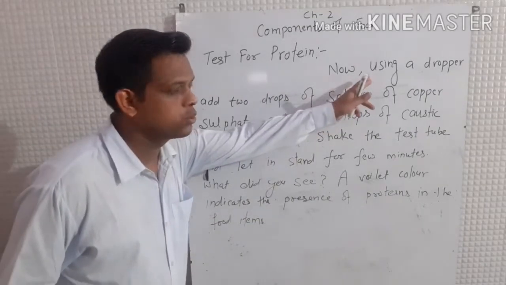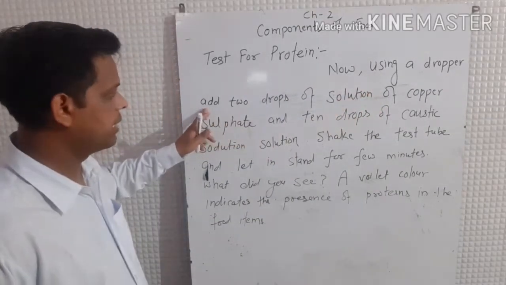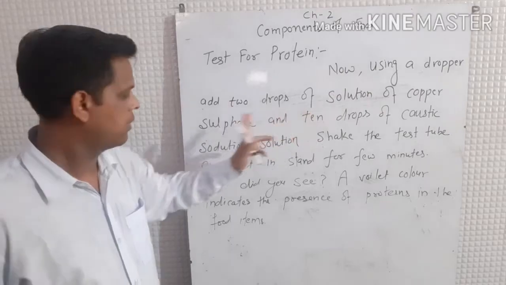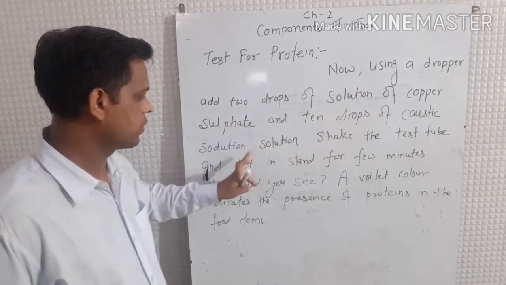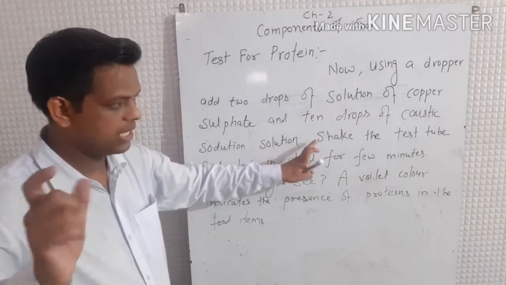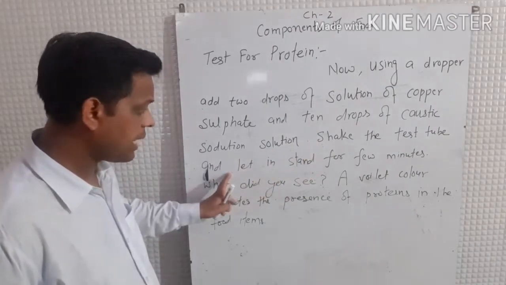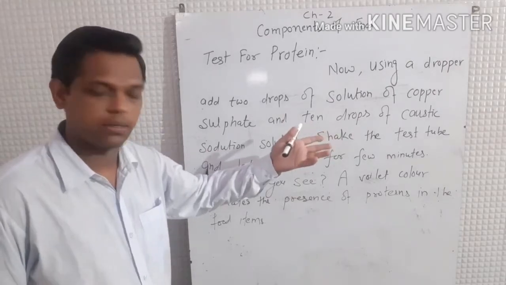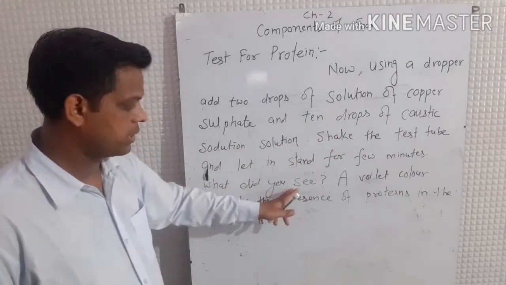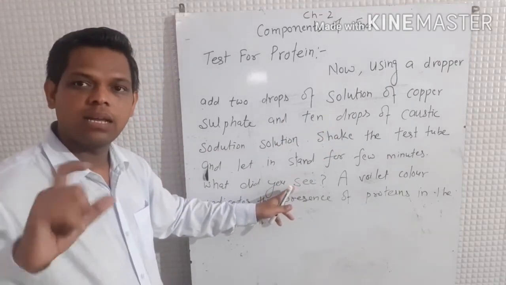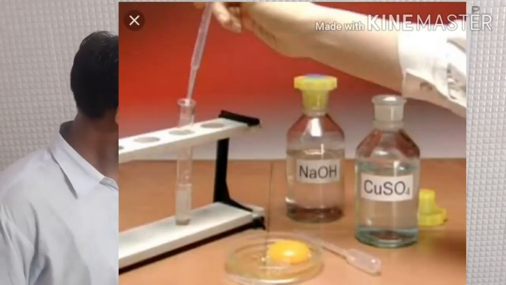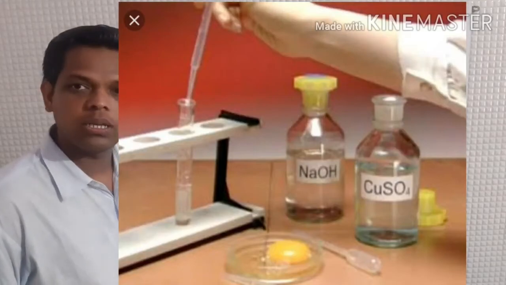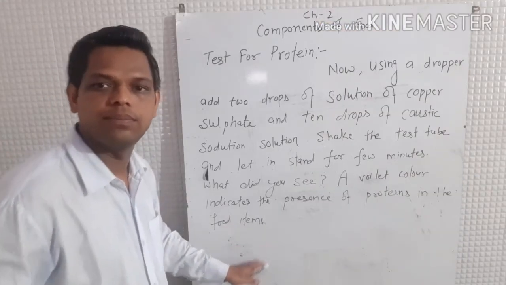Now, using a dropper, add 2 drops of copper sulfate solution and 10 drops of caustic soda solution to it, shake the test tube and let it stand for a few minutes. What do you see? You will find that the content of the test tube turned violet. A violet color indicates the presence of protein in the given food item.